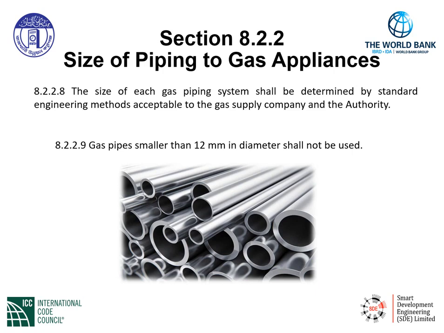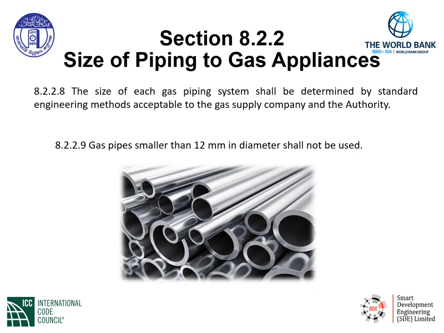Section 8.2.2.8, the size of each gas piping system shall be determined by standard engineering methods acceptable to the gas supply company and the authority. We will first look at Section 8.2.2.9.